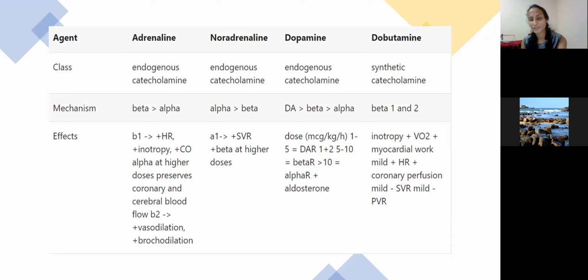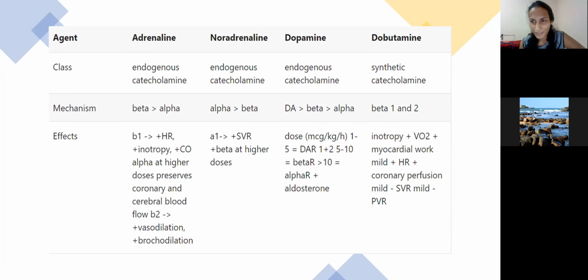Noradrenaline is a very potent, very strong drug. When it goes through the vessels, it will start constricting those same vessels. Therefore, those vessels will go into ischemia very easily. Therefore, we do not use noradrenaline or adrenaline from peripheral lines.